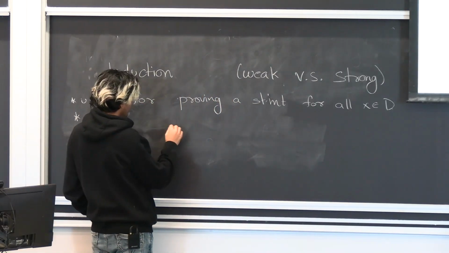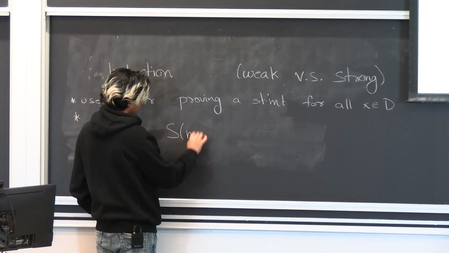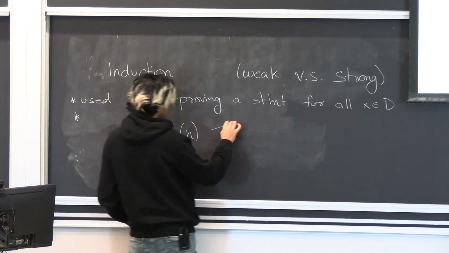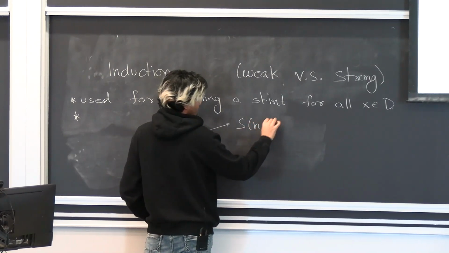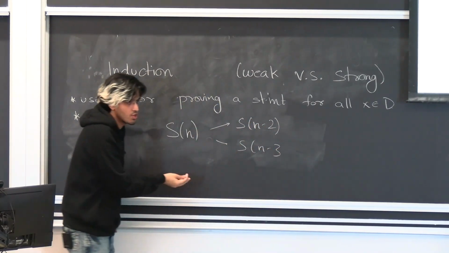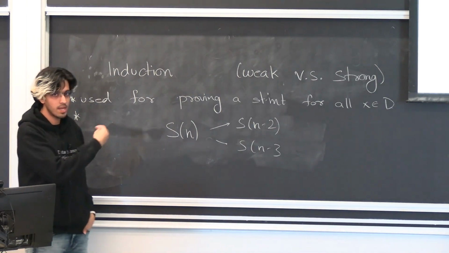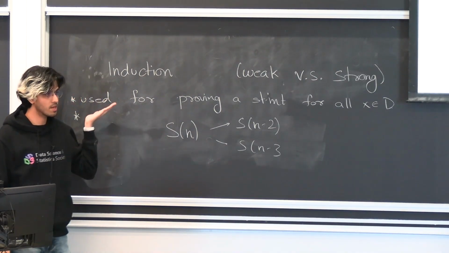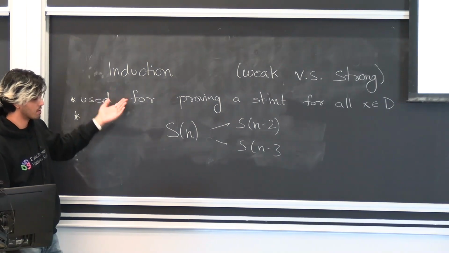So if you have a predicate S of n, and S of n depends on S of n minus 2 and S of n minus 3, then there's some sort of relationship that you can use, and you can probably come up with an inductive proof.